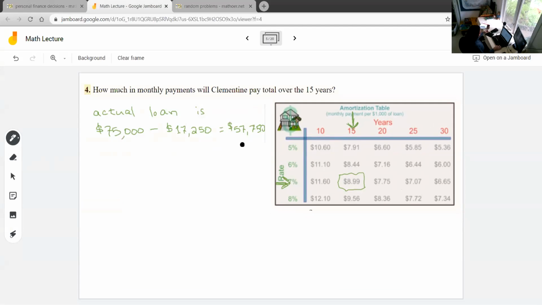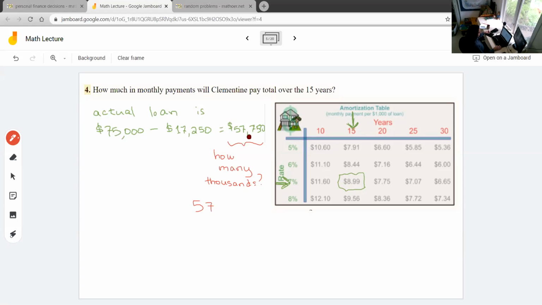I want to know how many thousands this is, because we're paying per 1,000. So it's not 57,000.